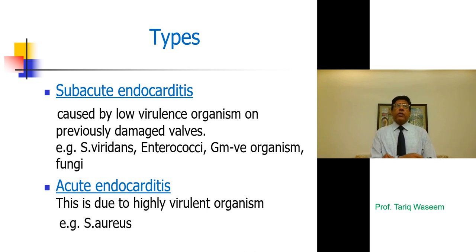Another reason for it being subacute is that the organisms' virulence, or their ability to invade and cause damage, is less, and that's why it takes a longer time to manifest. That's why viridans streptococci, enterococci, gram-negative organisms or fungi usually cause subacute endocarditis.